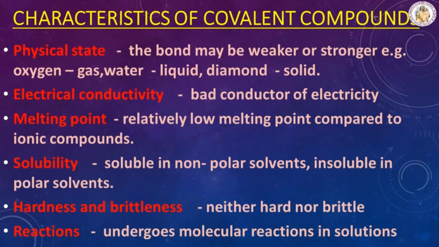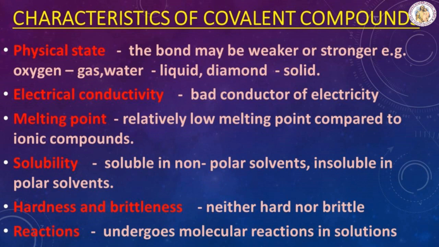Electrical conductivity. Covalent compounds do not contain charged particles, ions, so they are bad conductors of electricity. Melting point. Except a few covalent compounds like diamond and silicon carbide, they have relatively low melting points compared to ionic compounds.